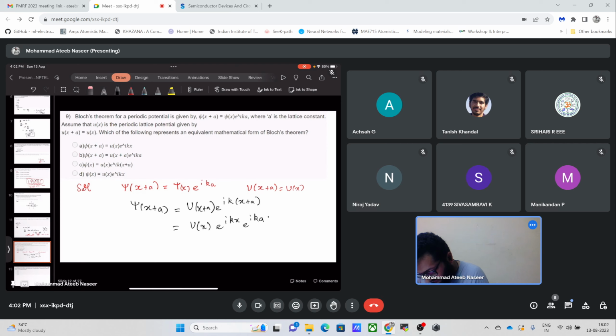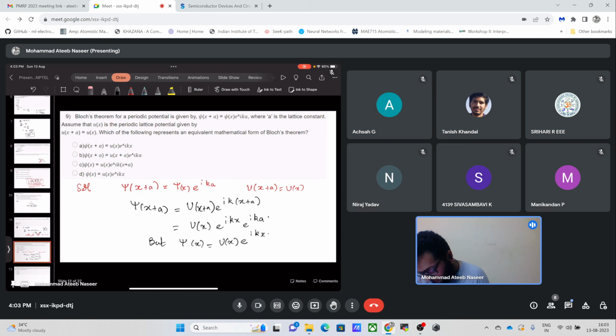But we know psi of x is simply u of x e to the power of iota kx.